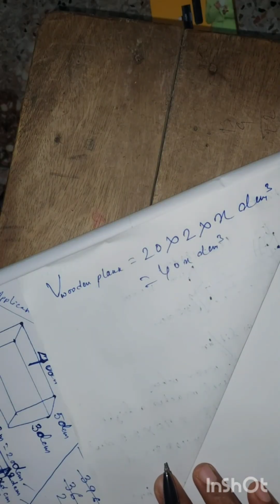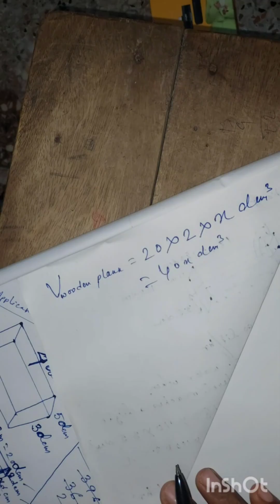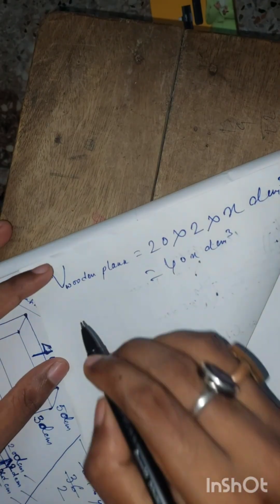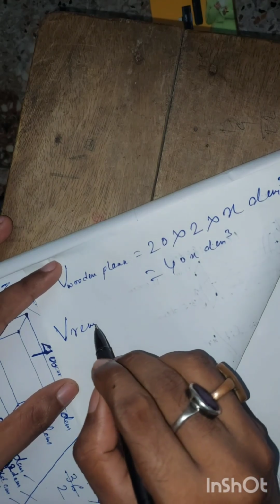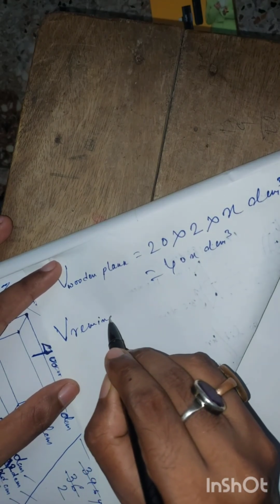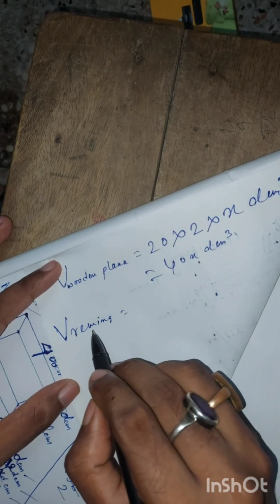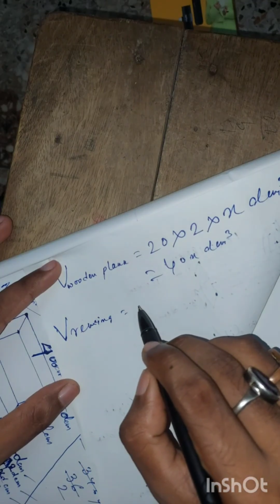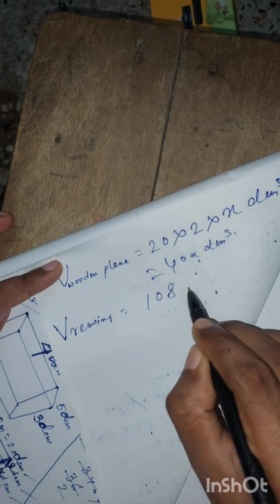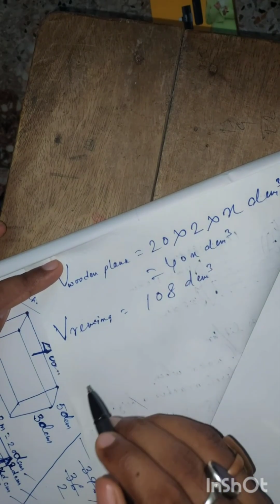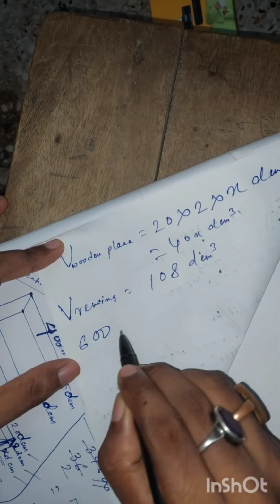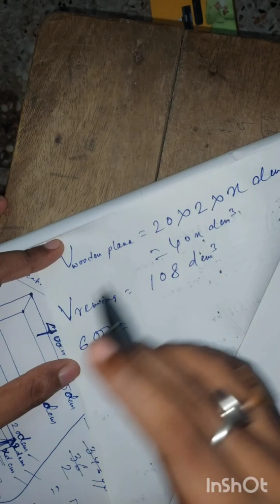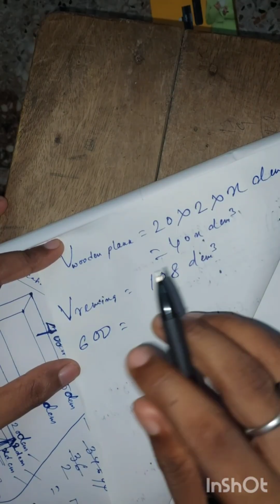Now remaining wood, volume remaining is equal to 108 dcm cube. So the total wood, that means 600, must be equal to the volume of these three parts.